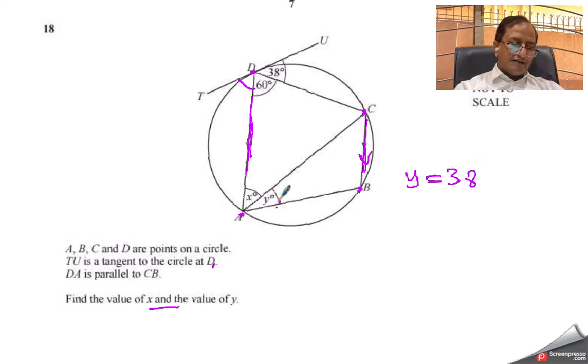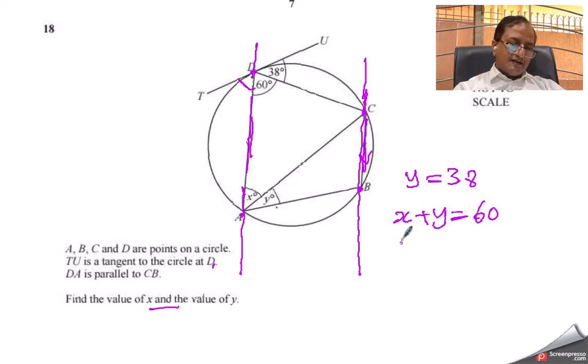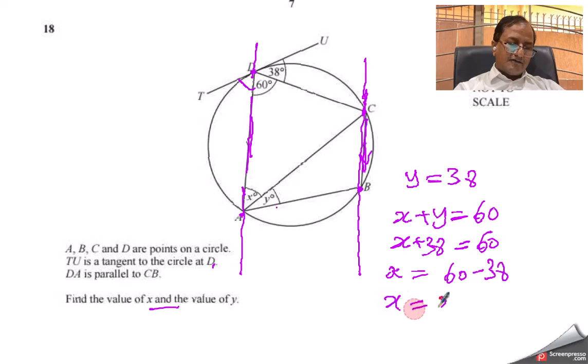So y equals 38, and then x plus y, because these two lines are parallel, and we check the transversal, x plus y equals 60. Then x plus 38 equals 60, so x equals 60 minus 38, and then x equals 22.